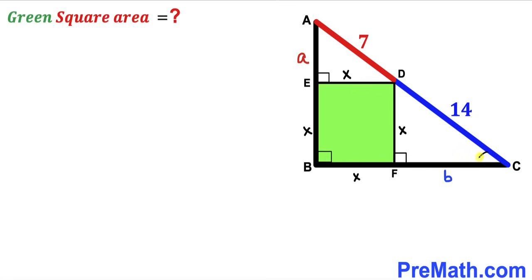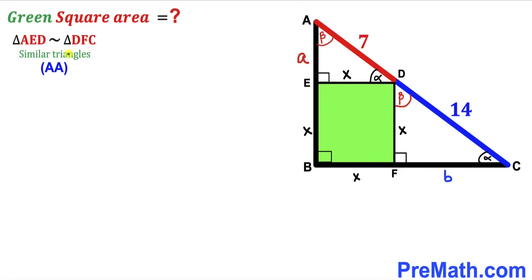Now let's make an observation. This angle is congruent to this angle, since both are corresponding angles. If I call this angle alpha, then this angle is alpha as well. Likewise, these two angles are congruent as well, being corresponding angles. If I label this angle beta, then this angle is beta as well.